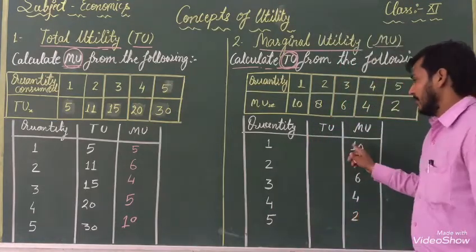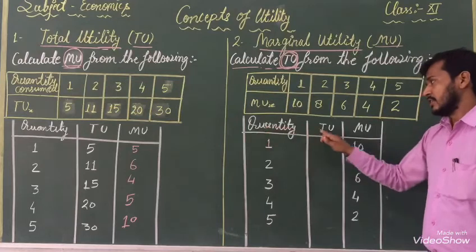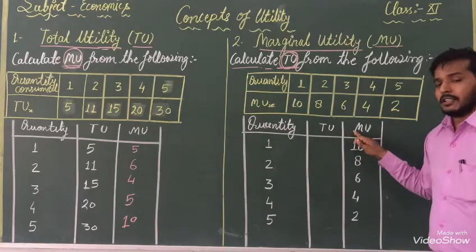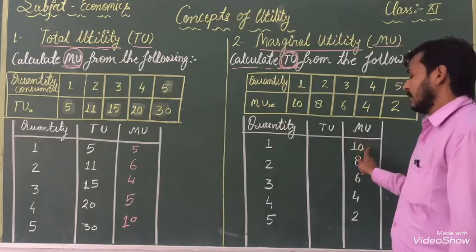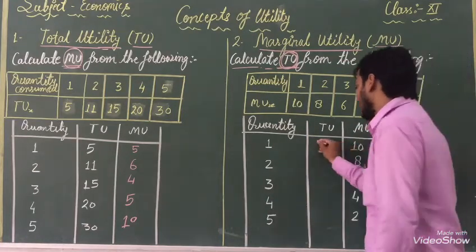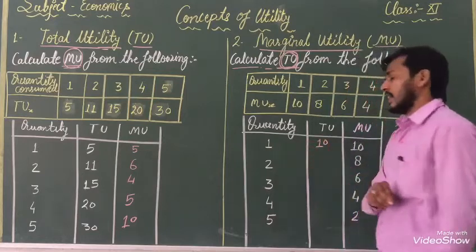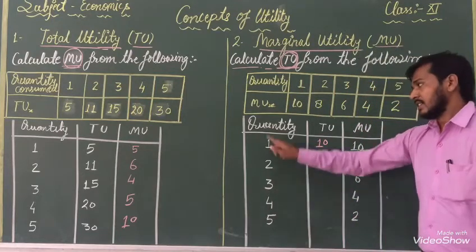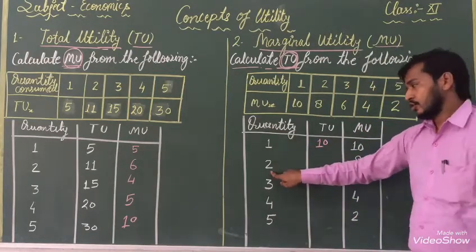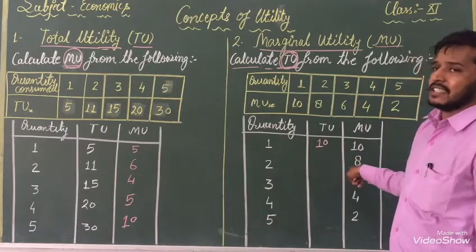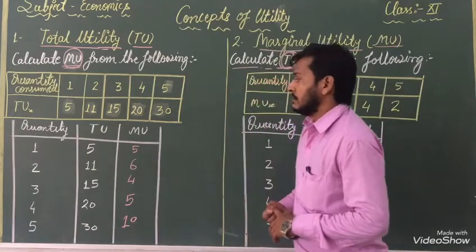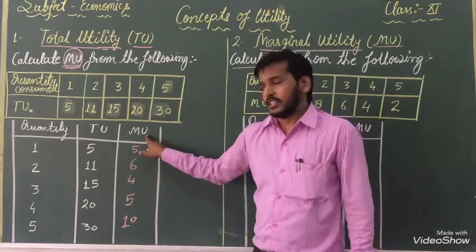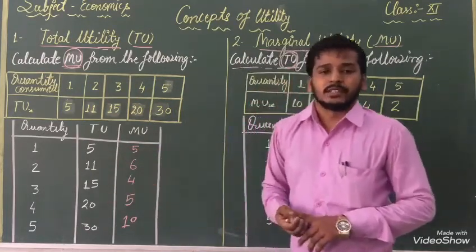So listen. First is the quantity, total utility, and marginal utility. First, here MU is 10. We will just write 10 here. After that, in the second row, quantity 2, and here 8 is there. When we solve marginal utility, we take the difference.